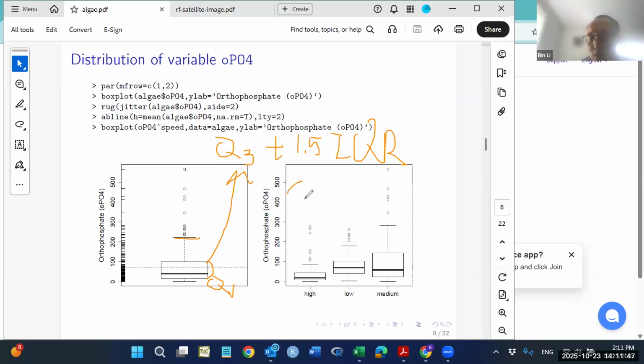On the other hand, if it's less than Q1 minus 1.5 times the interquartile range, it is also an outlier.